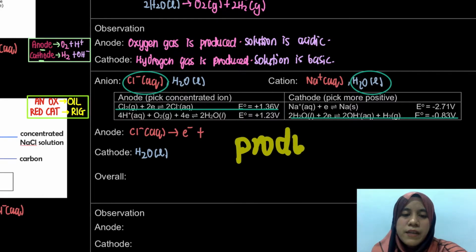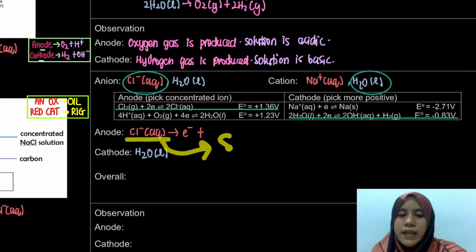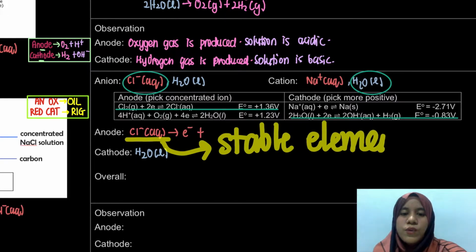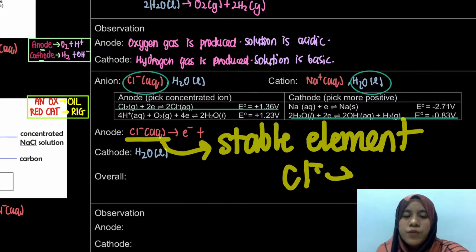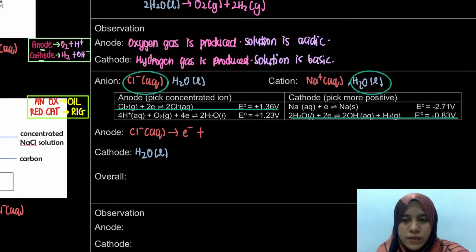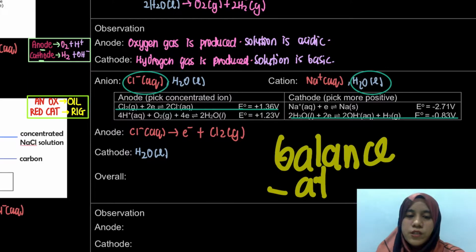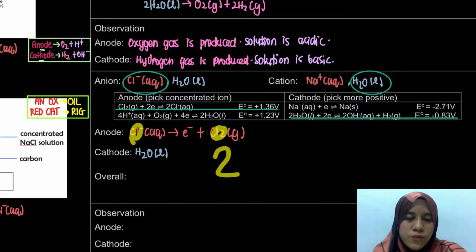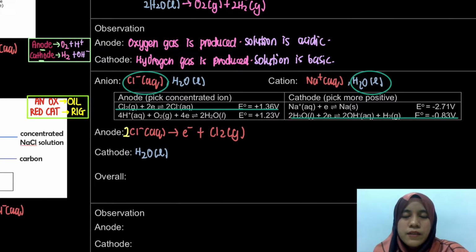Again, the stable element for Cl is Cl2 gas. So we write down the product to be Cl2 gas. Next, make sure the equation is balanced, not only the atoms, but the charge as well. The atoms here are not balanced, so 2Cl minus. Next, check the charge. Here -2, here must be -2. So the electron must be multiplied by 2.